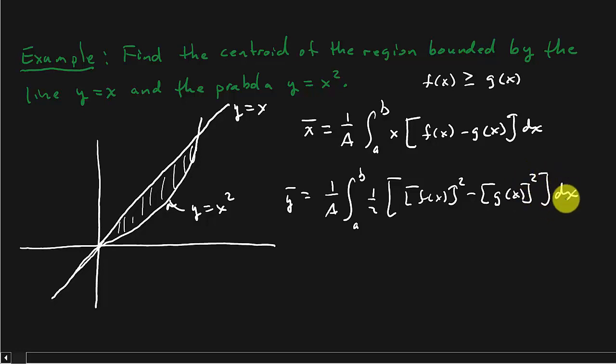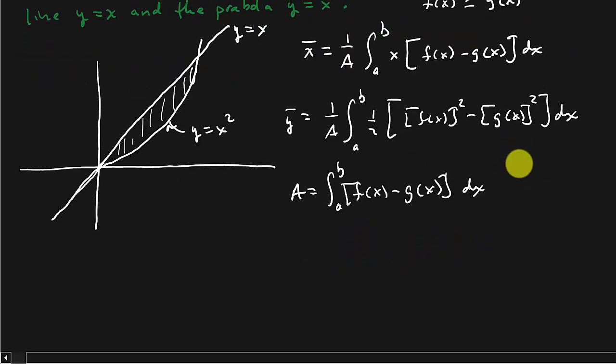And then, of course, the area, we know how to find that. The area would be the integral from a to b of f of x minus g of x dx. All right, so let's do it.